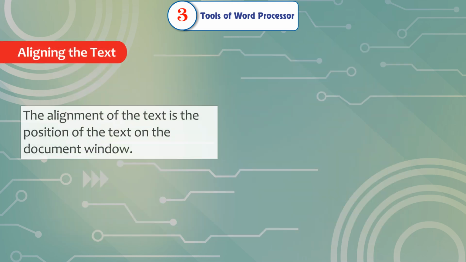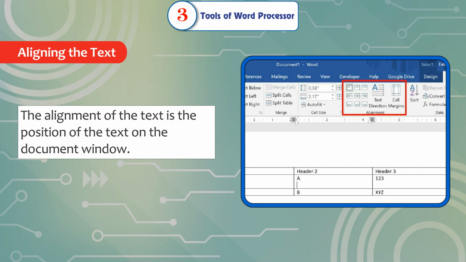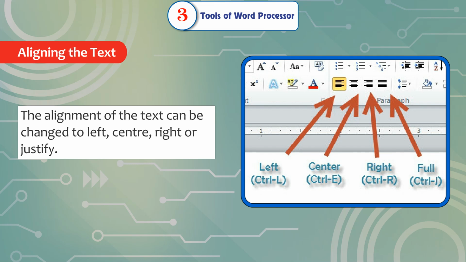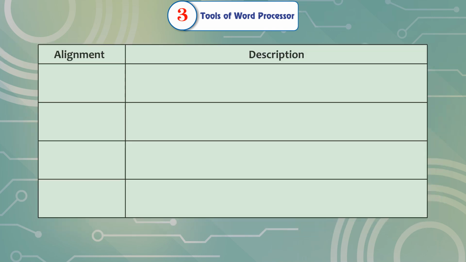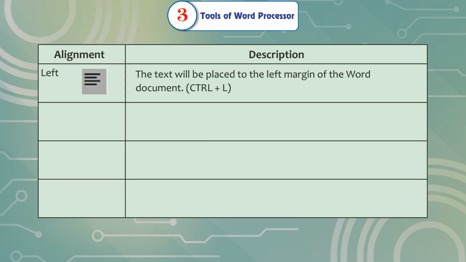Aligning the text. The alignment of the text is the position of the text on the document window. The alignment of the text can be changed to left, center, right, or justify. Left: the text will be placed to the left margin of the Word document, Ctrl+L.